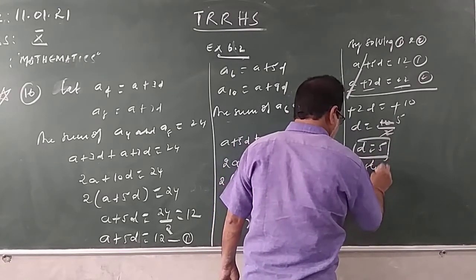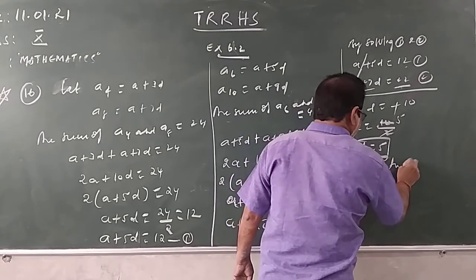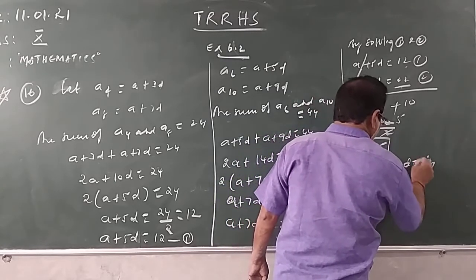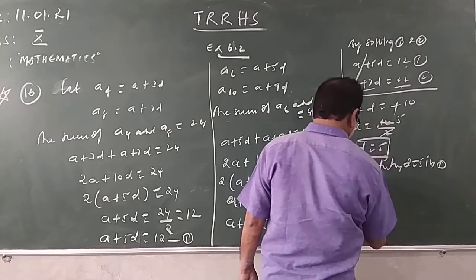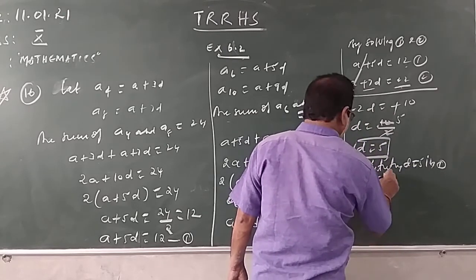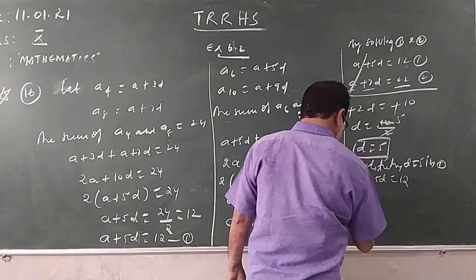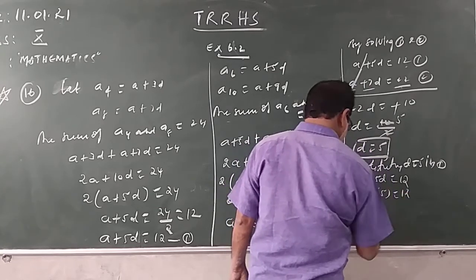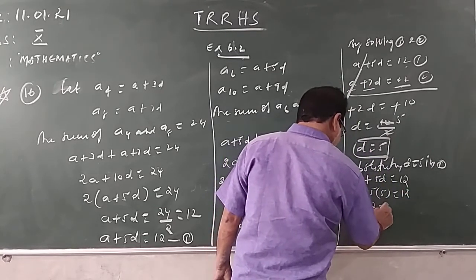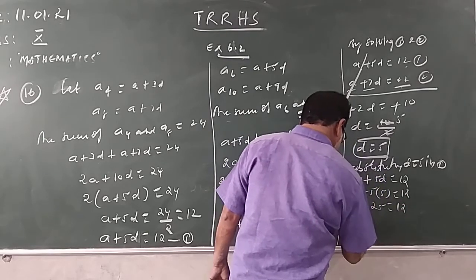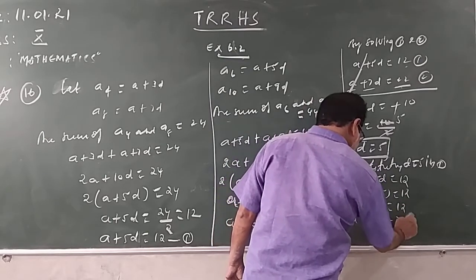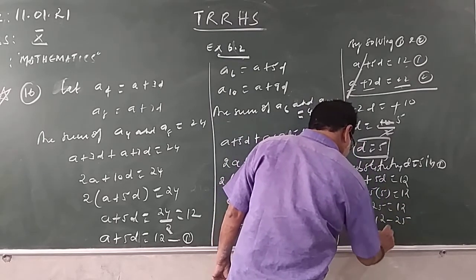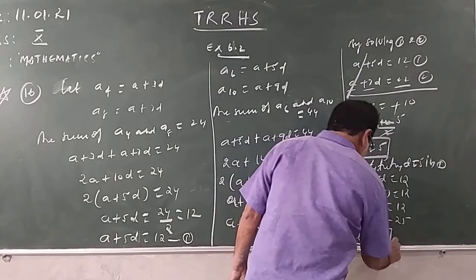Substituting d equal to 5 in the first equation, a plus 5d equal to 12, so a plus 25 is equal to 12. So a is equal to 12 minus 25, a is equal to minus 13.